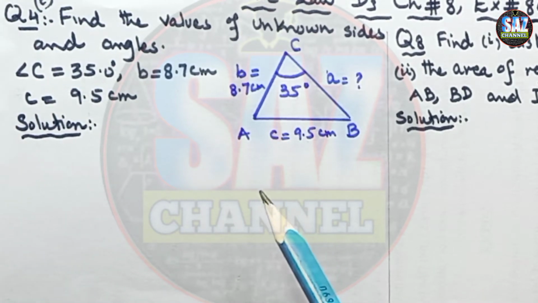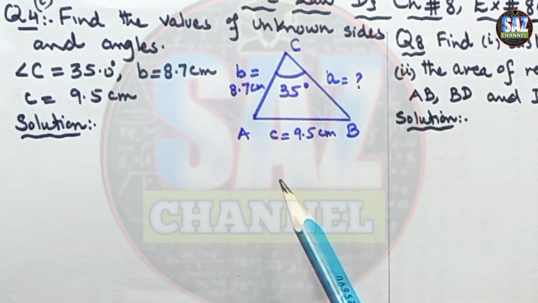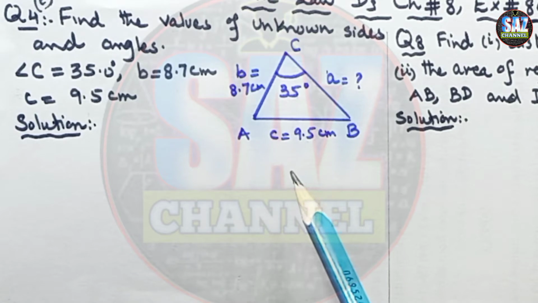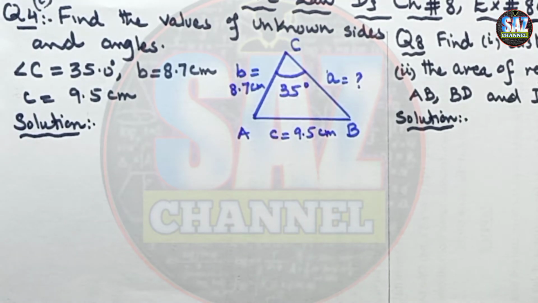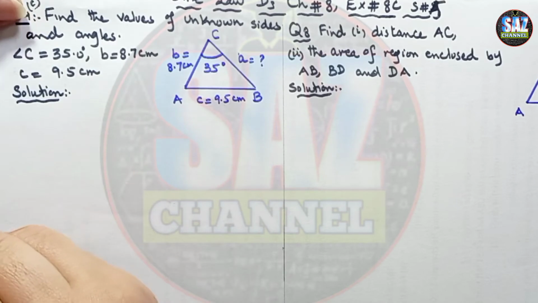Now in order to find the unknown sides and unknown angles of this triangle, we have to apply sine law, because we cannot apply Pythagoras theorem and basic trigonometric ratios, because the triangle is not a right triangle. So let's move to the solution of the question. According to sine law, first of all, we have to write the basic equation.